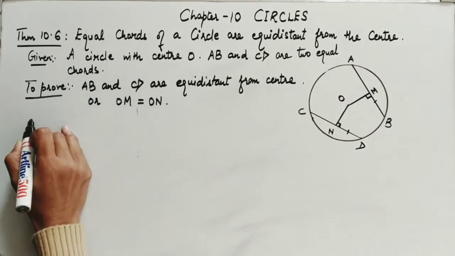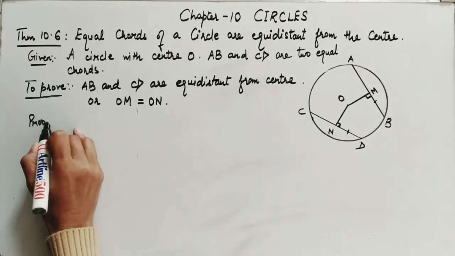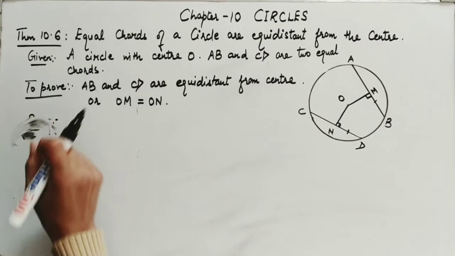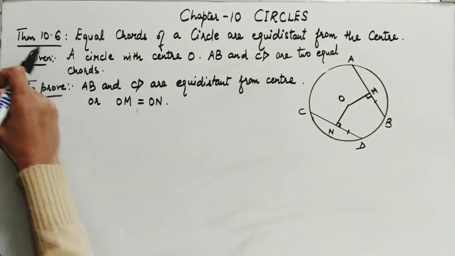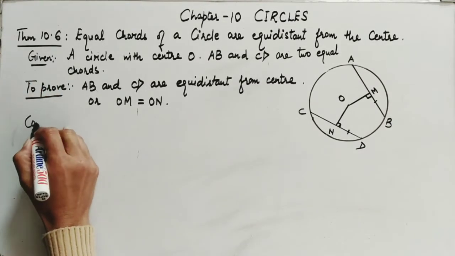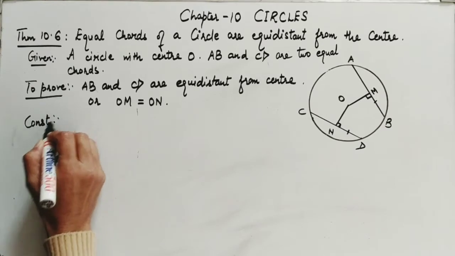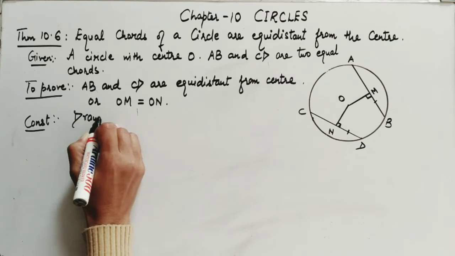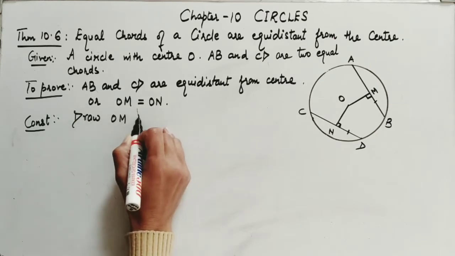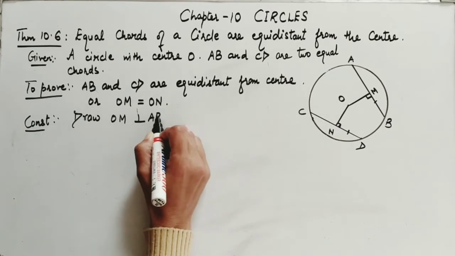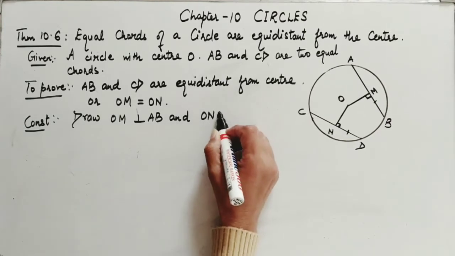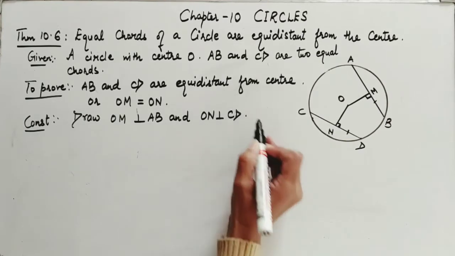So we would have a construction. One construction is already done. Let me mention the construction. First construction was: draw OM perpendicular to AB and ON perpendicular to CD.